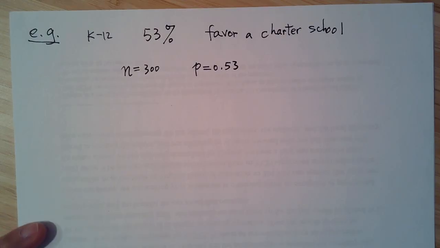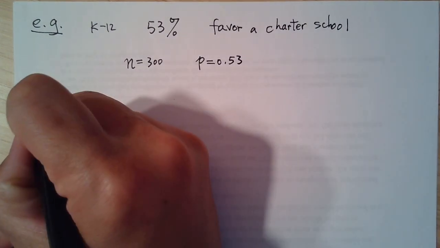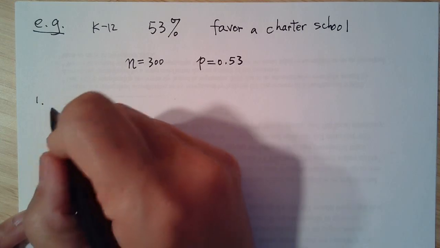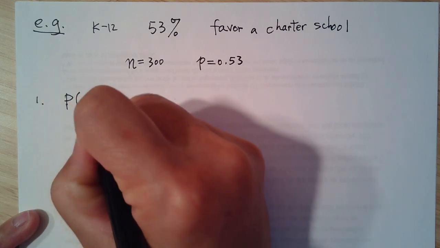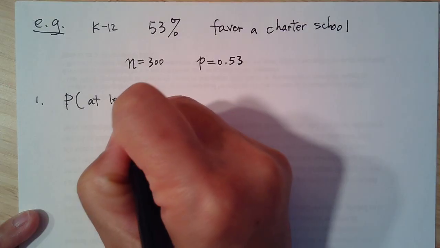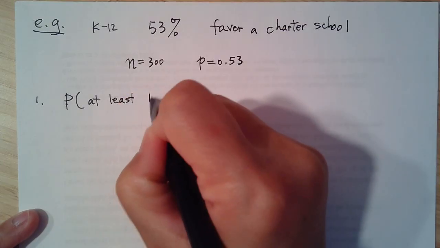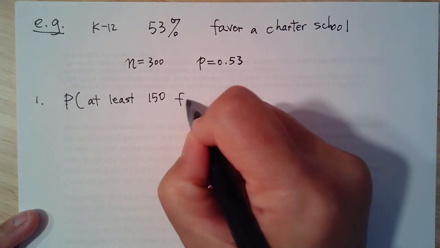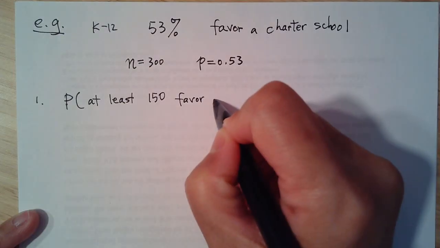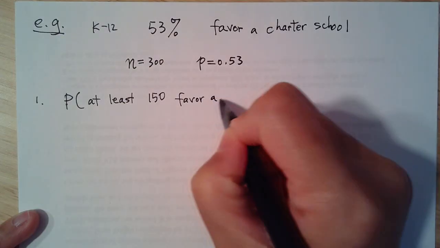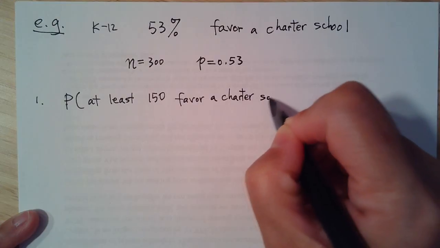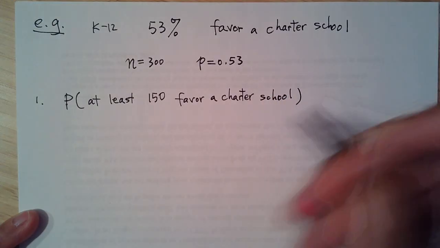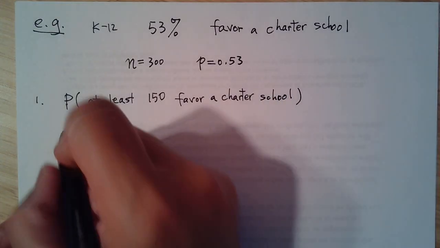Okay, so I'm going to ask you the following questions. Number 1, find the probability that at least 150 favor a charter school. Okay, at least 150.